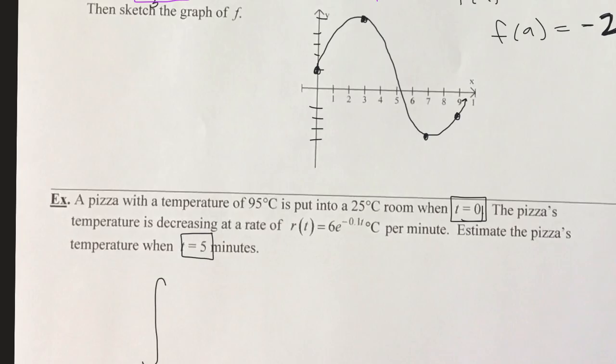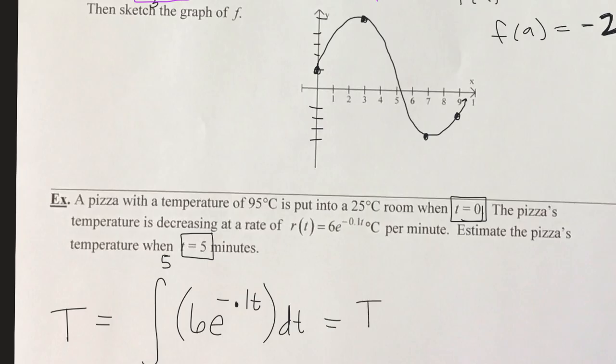We have a lower bound of 0 and an upper bound of 5. So our temperature change is going to be the integral from 0 to 5 of your rate, right? The rate of temperature is 6e to the negative 0.1 t. And then, of course, dt, right? So dt is going to be your variable of integration because t is the variable in your problem.